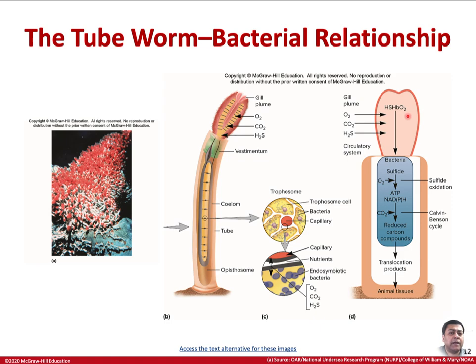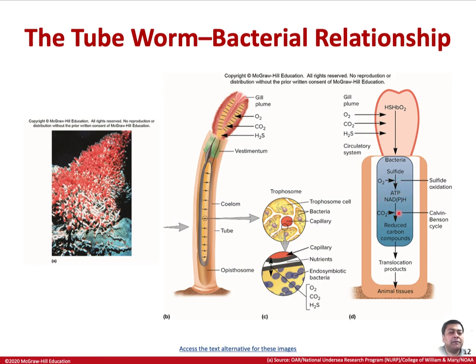The hydrogen sulfide can combine with the hemoglobin of this worm, and carbon dioxide and oxygen can also combine to some extent. This is provided to the bacteria in the trophosome. Once the bacteria get this sulfide with the help of oxygen, sulfur oxidation produces ATP and NADPH. These are the energy molecules.